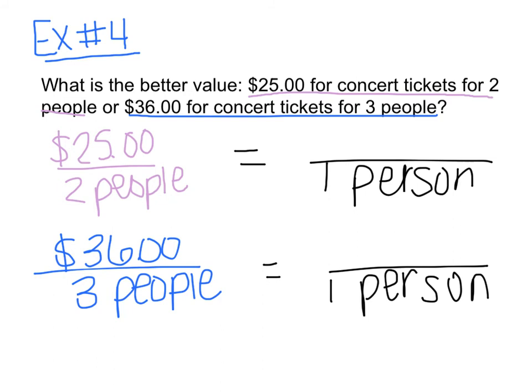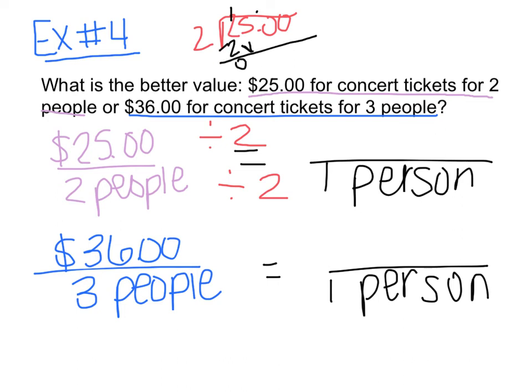So in our first option, we are going from 2 people to 1 person. So 2 to 1, we divide by 2. So we do the same thing at the top. $25 divided by 2. Bring the decimal straight up. 2 goes into 2 1 time.